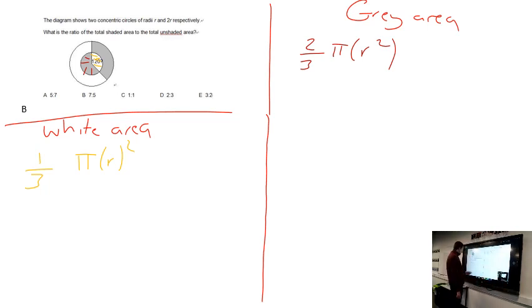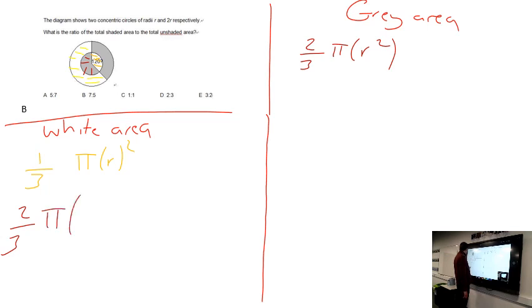Now for this white part here, this is going to be the sector of the larger circle minus the sector of the smaller circle. So this will be 2/3 times pi.